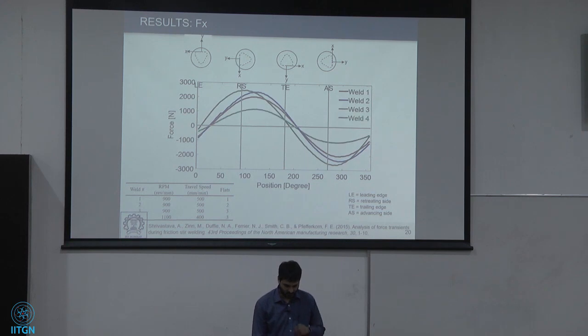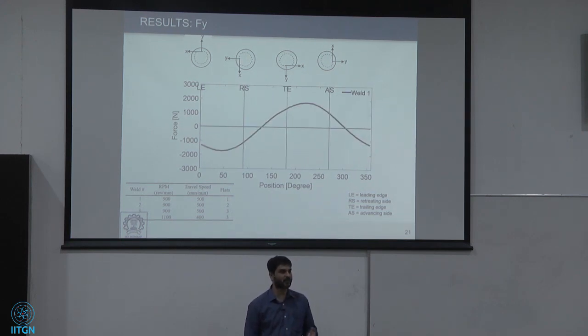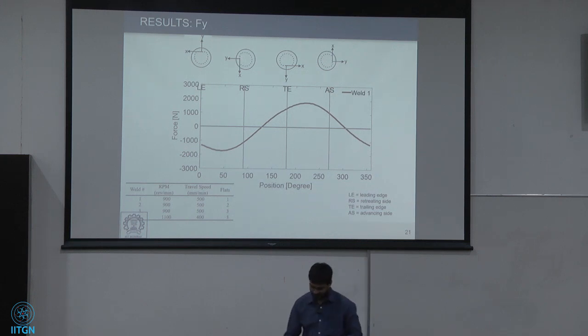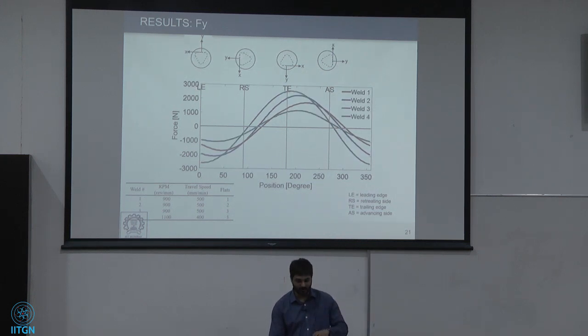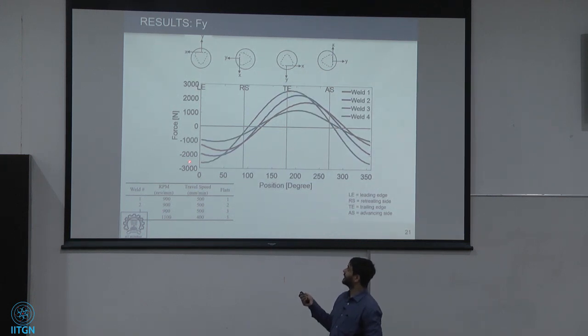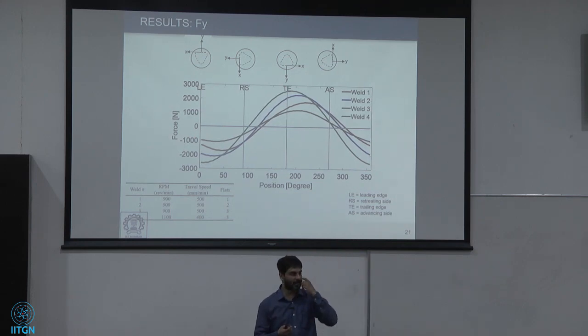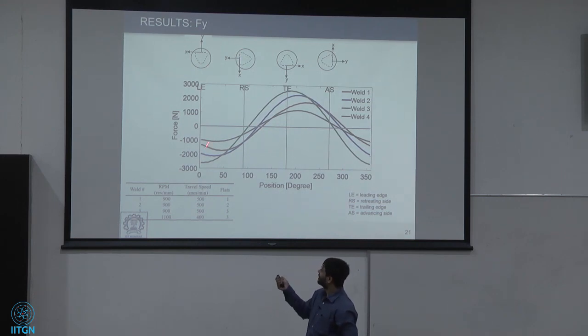Okay. So moving forward, a similar force signature analysis was performed in the tool movement direction, Fy, as well, and we could very clearly see a clear trend across all the welds, where as the material is coming in the tool travel direction, it gets squeezed between the tool which is moving forward and the plate which is still in place, and it sees a lot of compressive forces which are negative in number.